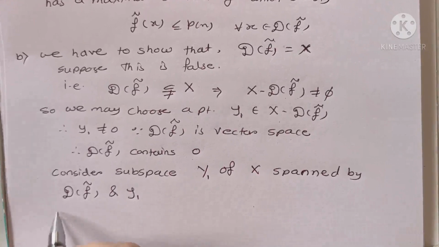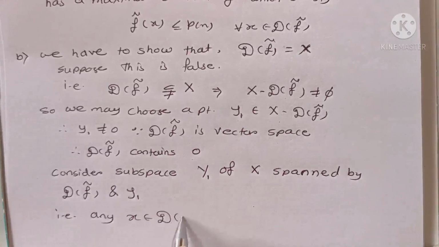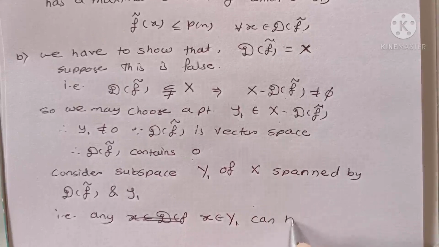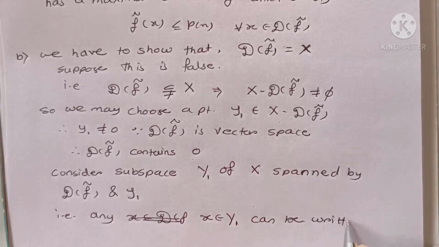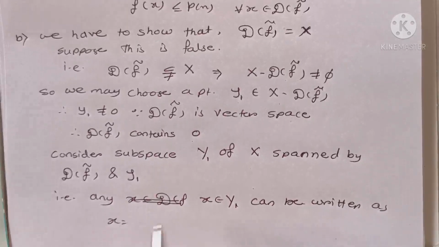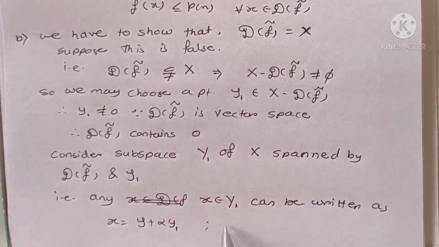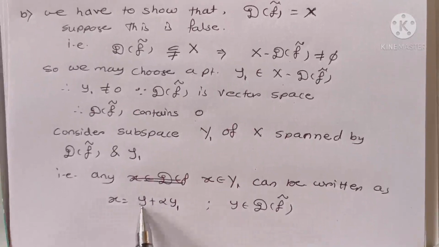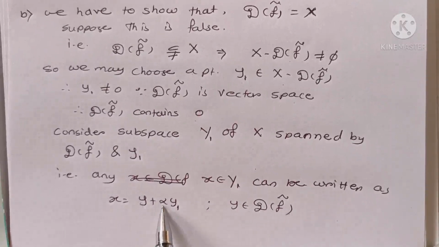That means any x belonging to Y1 can be written as x equals y plus alpha y1, where y is an element of the domain of f tilde and alpha is any scalar.